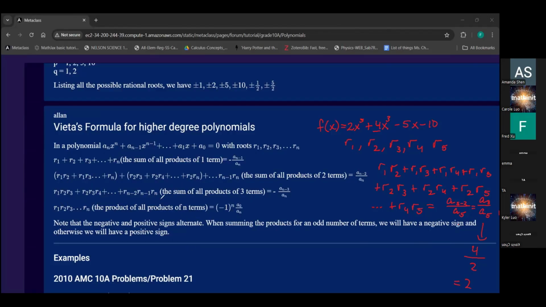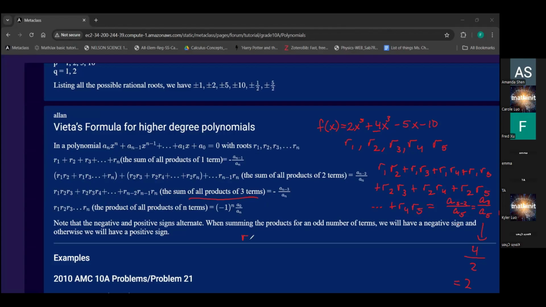And then this next one here is the same thing, except it's the sum of all products of three terms. So, well, I'll just write it over here.